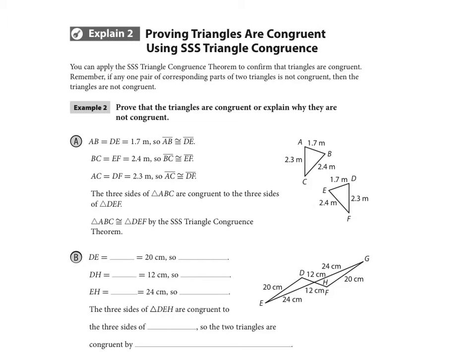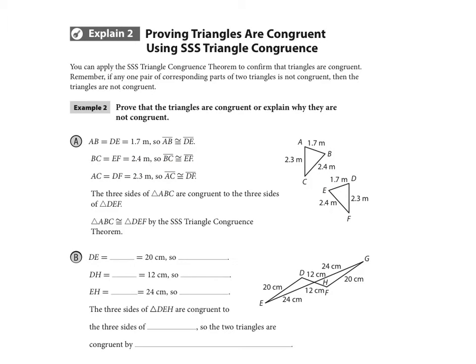Example 2, notice again you can classify them as small, medium, and large sides, kind of pairs of congruence. First they start with AB and DE, and they're both 1.7 in length, so those two sides are congruent. BC is the largest side. BC corresponds to EF, and those are both 2.4, so BC and EF are congruent.